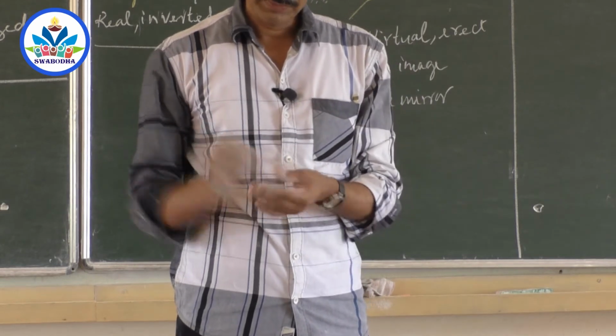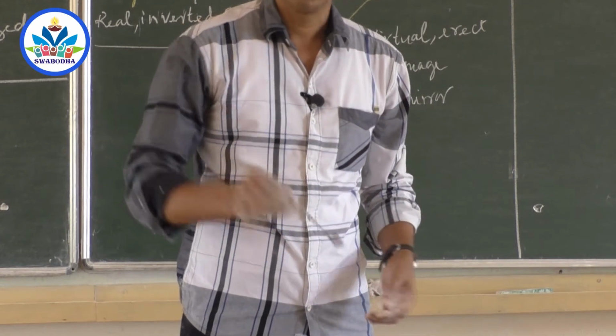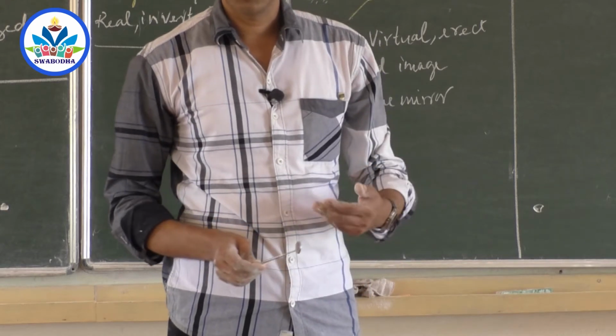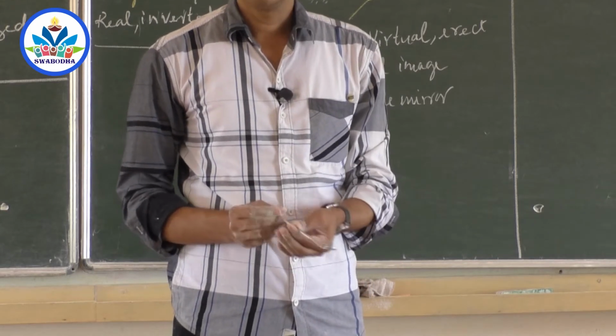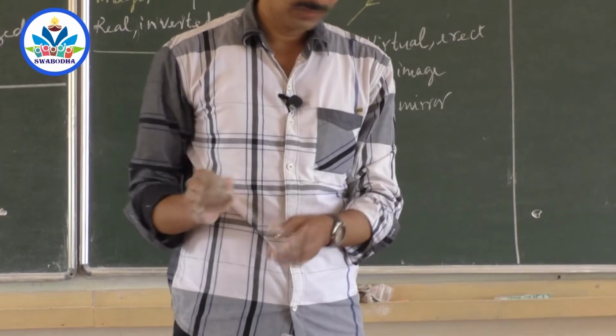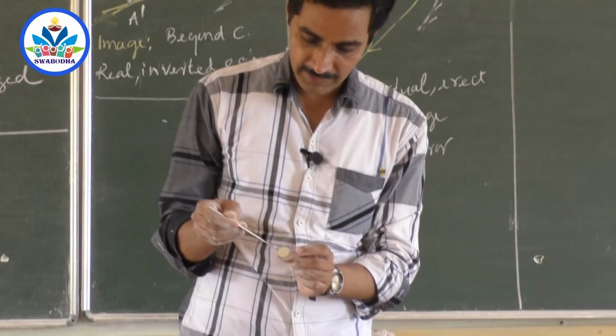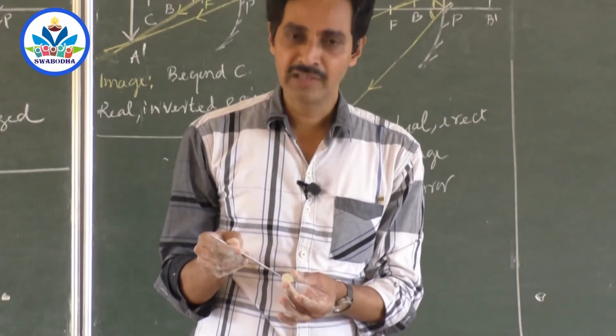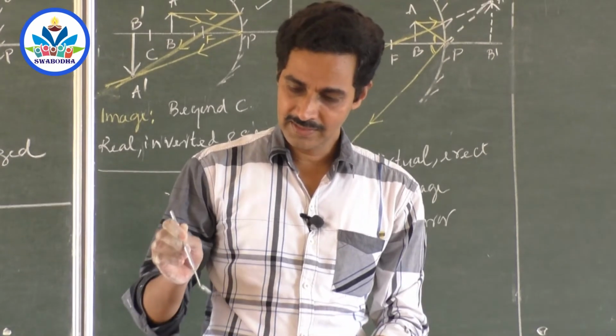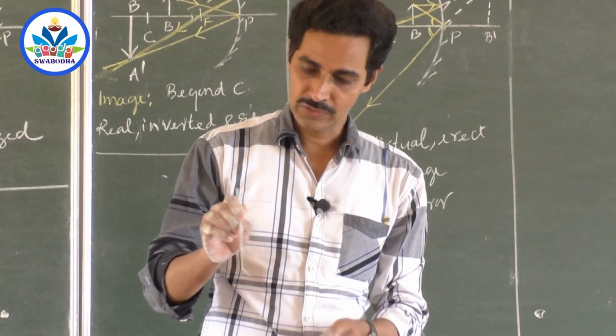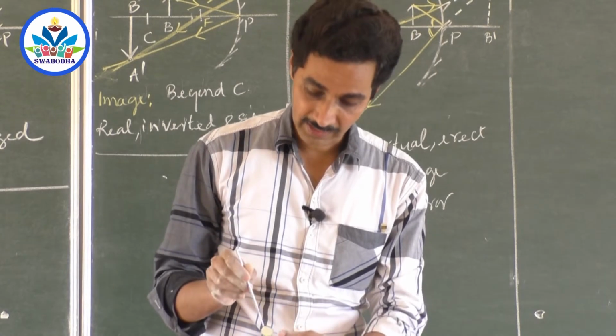Then he will put this inside your mouth. You feel as if he has started removing your teeth, but actually he doesn't do that. He will check it. So what he will do is, he will bring this mirror, and here is a mirror, and it is a concave mirror. He will bring this mirror very close to your teeth. Of course, here I can't show the image.